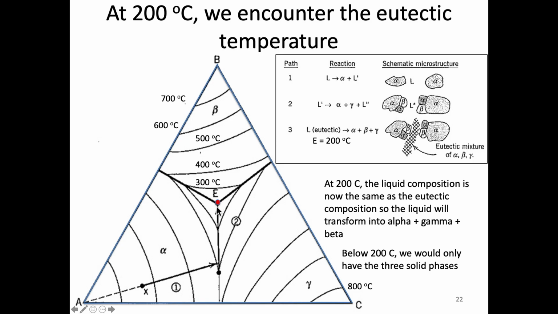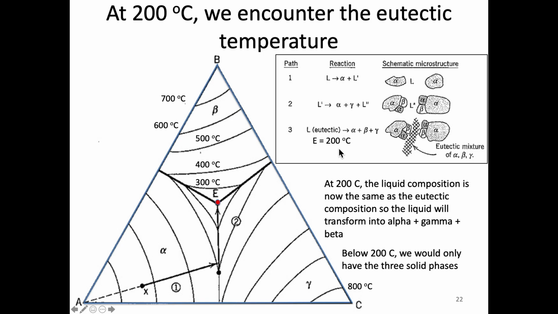If it's at this red point, it has the composition of the eutectic at that point. And so it's going to form alpha, beta, and gamma. And it's going to form a eutectic mixture, just like it did in a binary system. And so the remaining liquid basically transforms into that material, but it only does it at that point. And so that's the last path that happens.